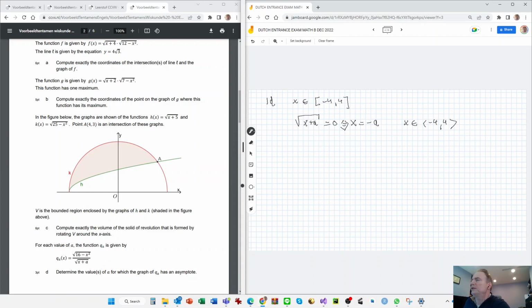So that basically means that if a is in this range, it has a vertical asymptote in x equals to minus a.